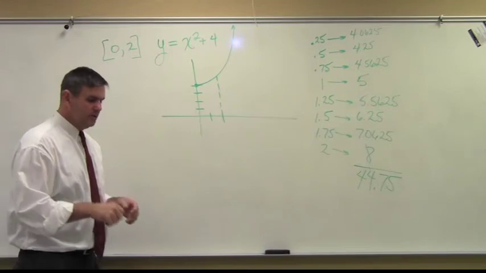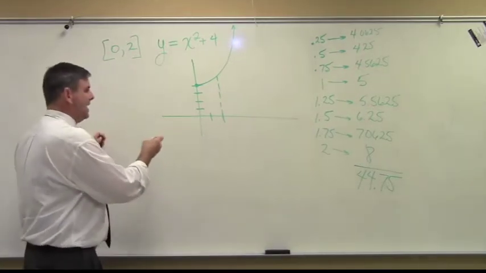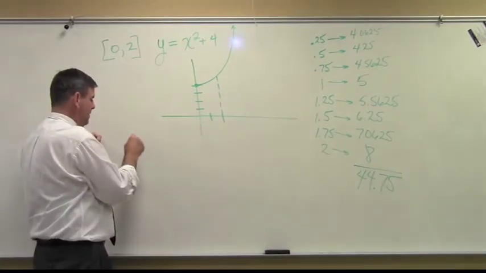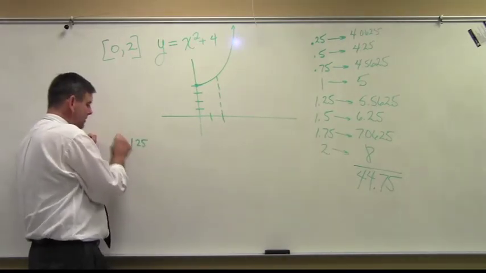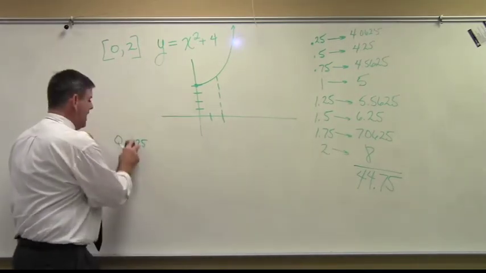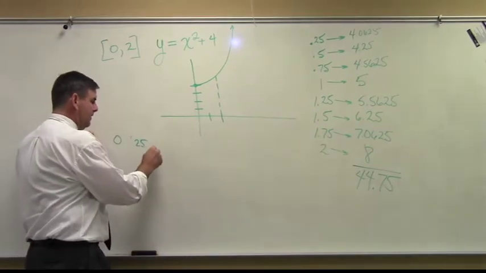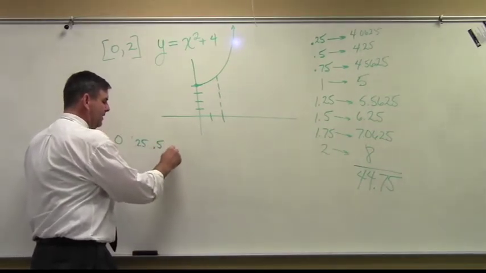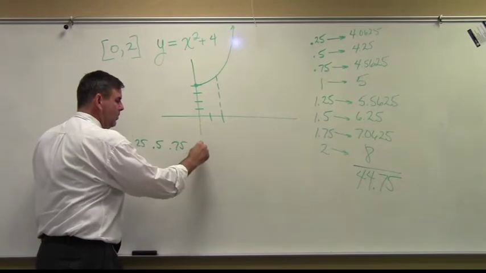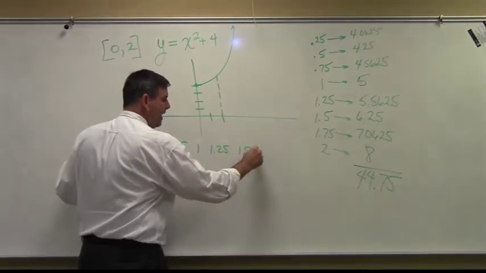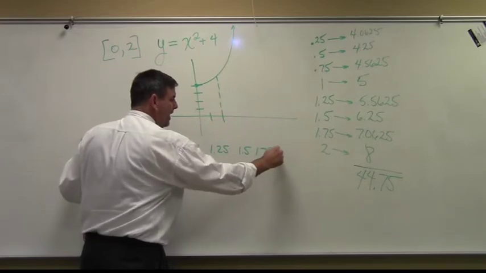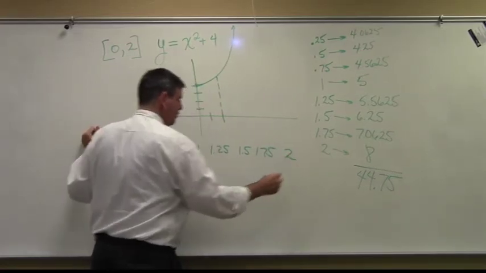0.25. So again, as I look along the bottom here, I would have 0, excuse me, and then I would have an x of 0.25, and then 0.5, and then 0.75, 1, 1.25, 1.5, 1.75, and 2.